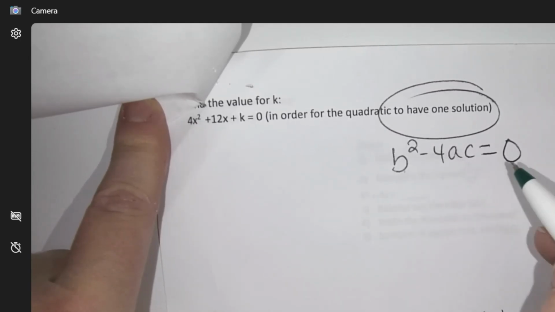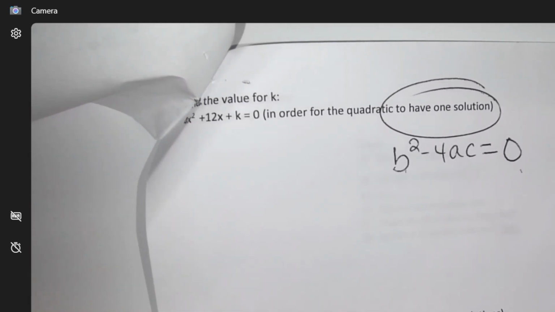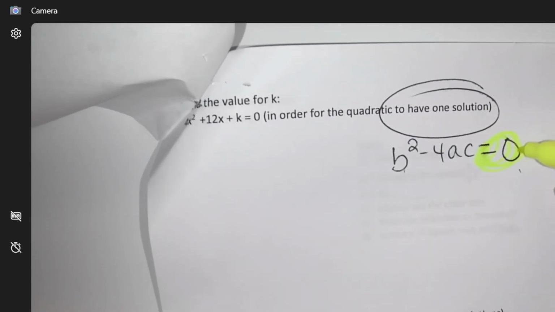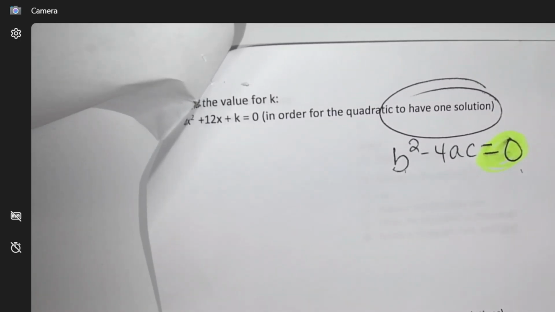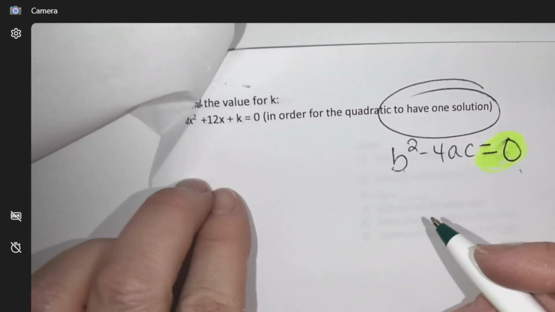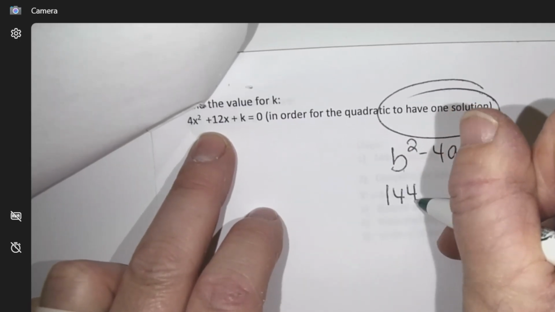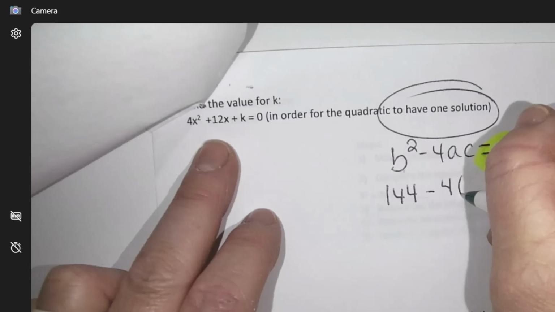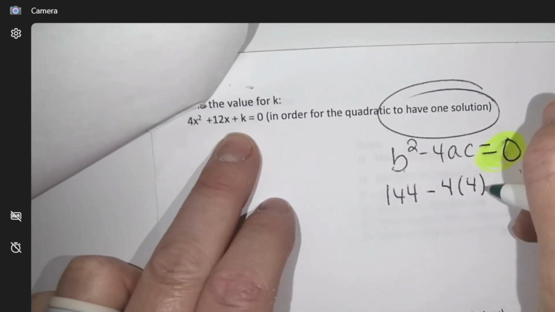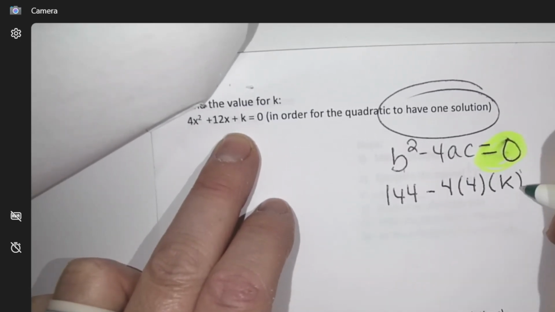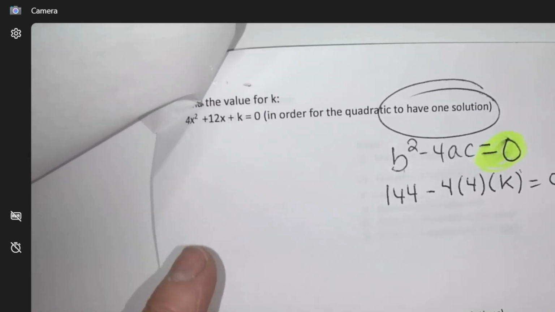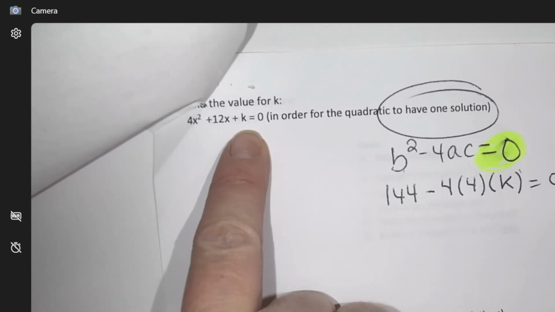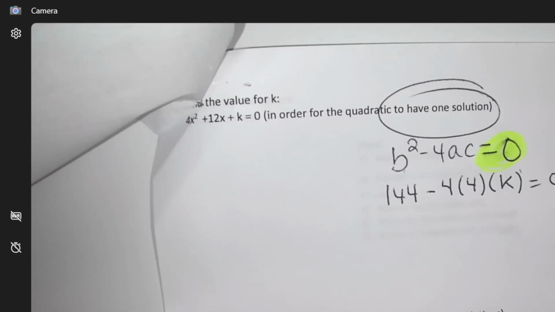Okay, so b squared, that can become 144. Subtract 4 times 4 times, I don't know what that is, so it's just going to be a k.